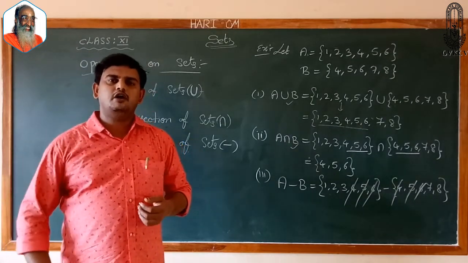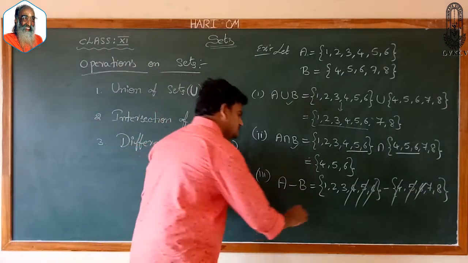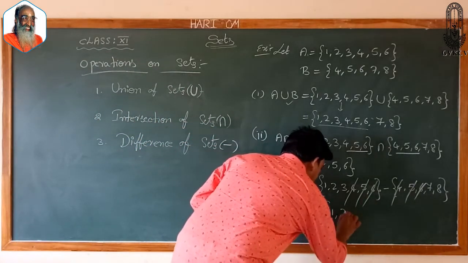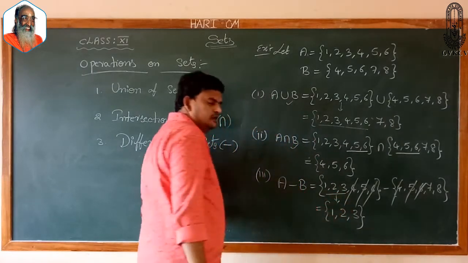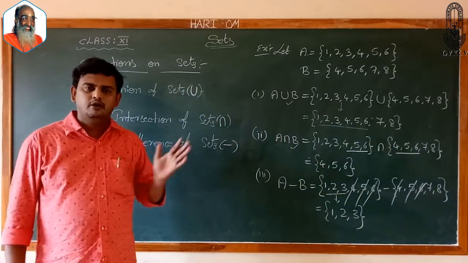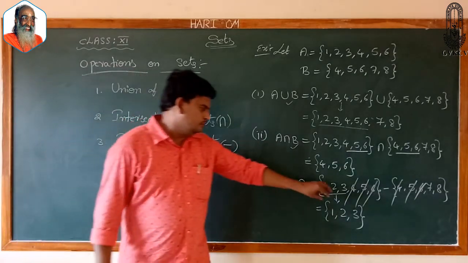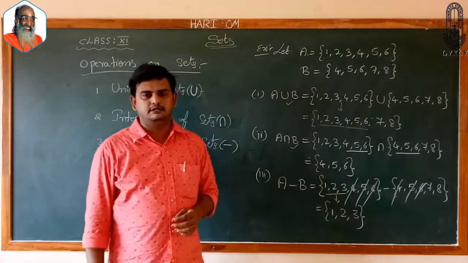Now after eliminating the common elements, you need to select only the elements left in the first set. In the first set, what are the elements left over? 1, 2, 3. You have to choose only those elements.